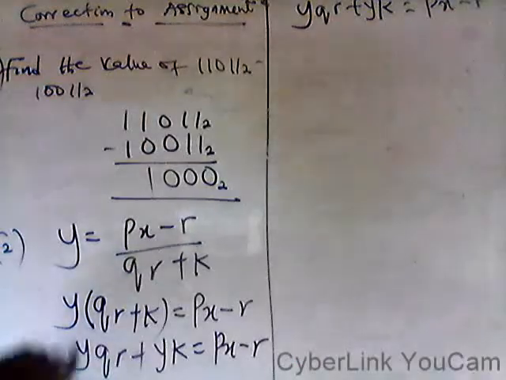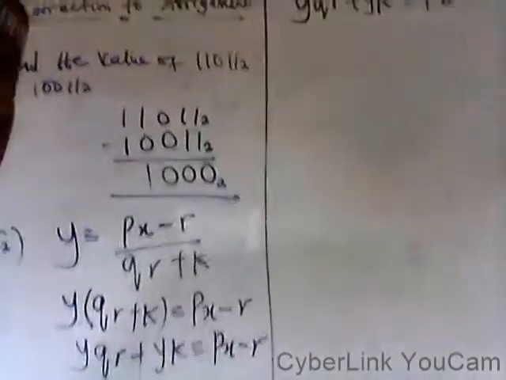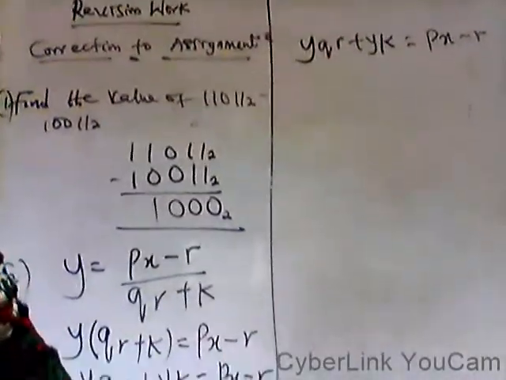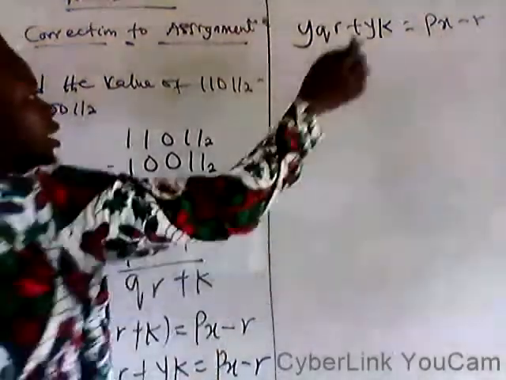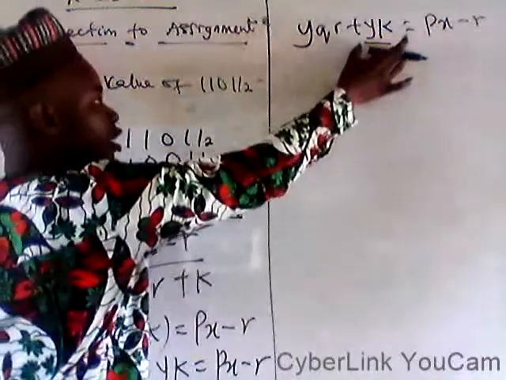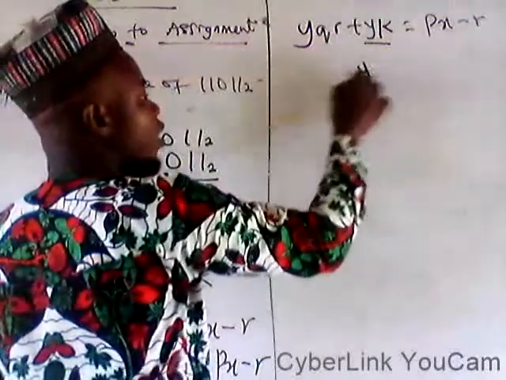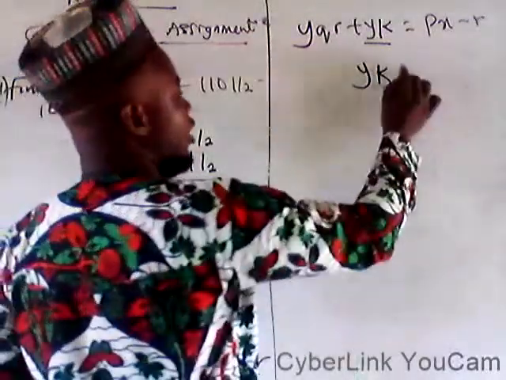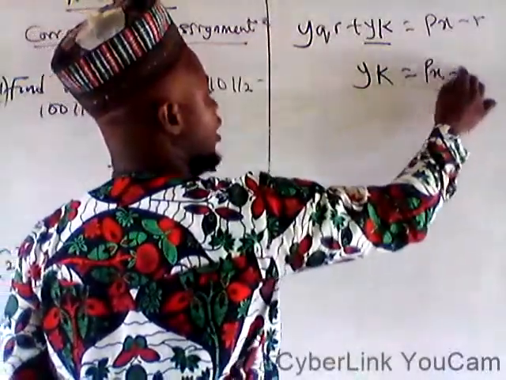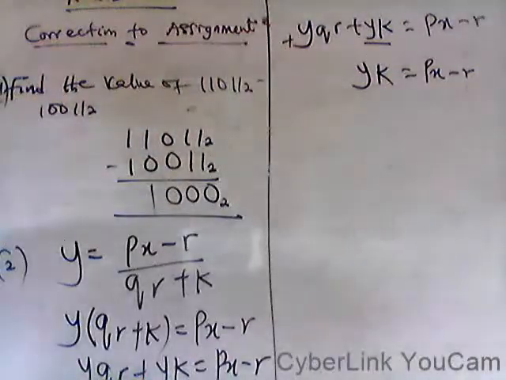Now, collecting the like terms, you have to make K the subject of formula, meaning that you are going to retain the term that contains K here. So you have yk equals Px minus R, taking away plus yqr to the other side.